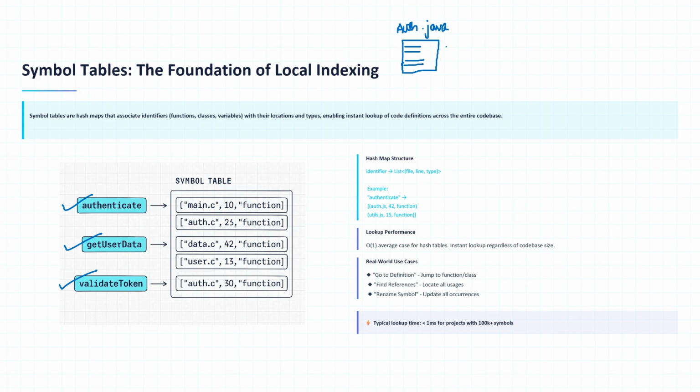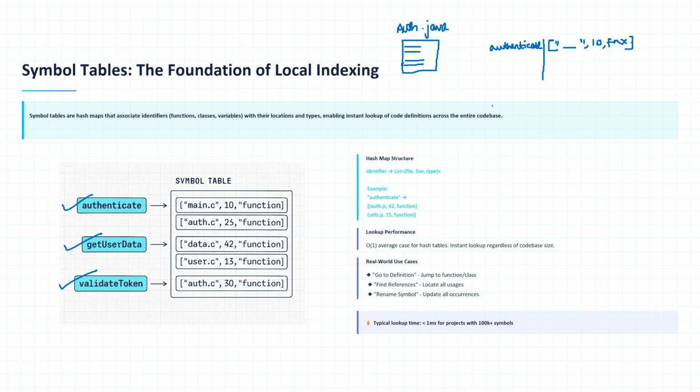So what I do is create an index out of this where I say this is the authenticate method, and it is present in this particular file at this line number, and this is the entire function. And this is it. This is what symbol tables are.